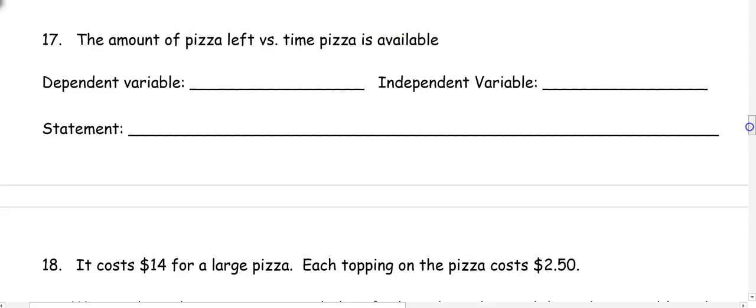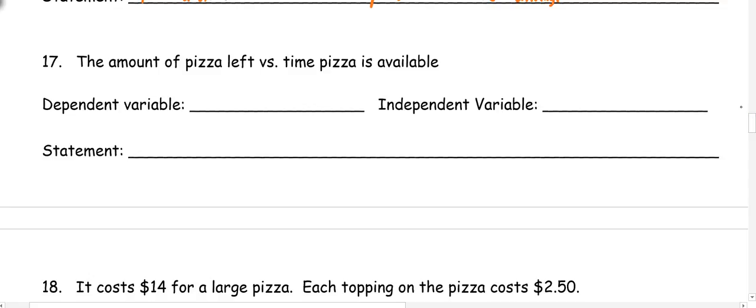Number 17, the amount of pizza left versus the time the pizza is available. So again, we're looking for a keyword. We see time. That's something that we can't change at all. So our independent variable is time the pizza is available. And our dependent variable is the amount of pizza left.